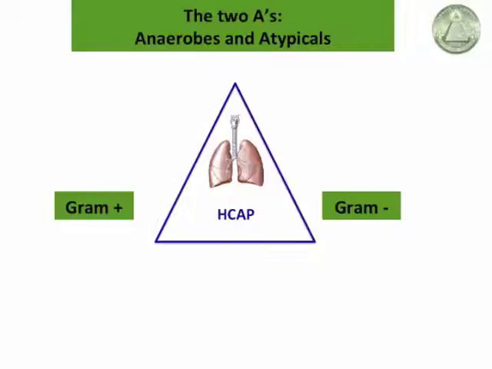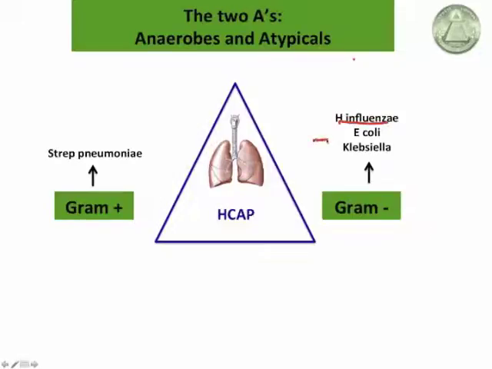Here's our antibiotic triangle. Let's go with gram-positives first. Gram-positives, you're going to have strep pneumo. Just similar to your CAP, you can't forget about strep pneumo. For gram-negatives, you continue to have H. influenzae, but you also have other bacteria, E. coli and Klebsiella.